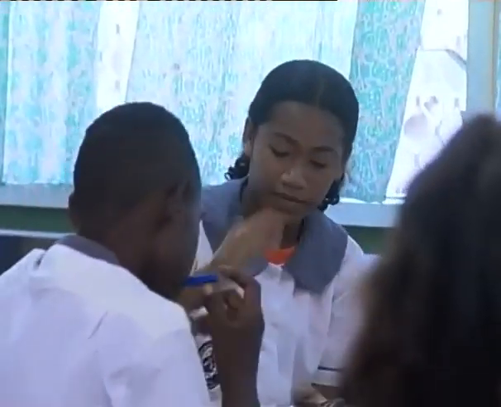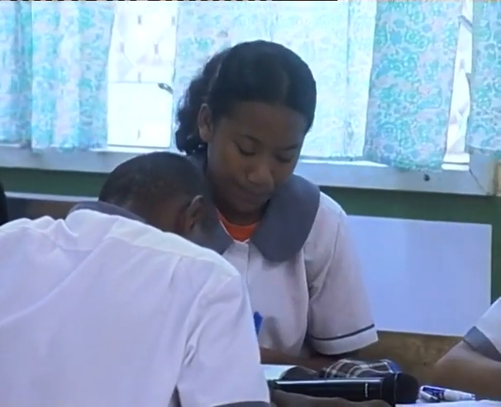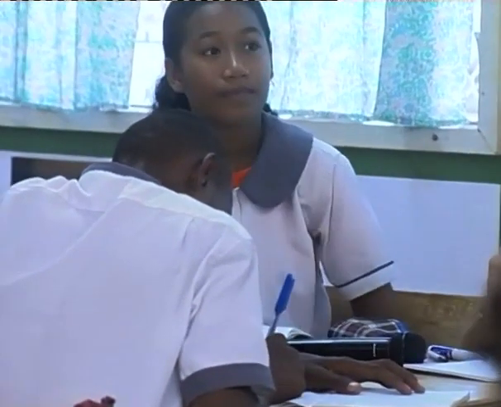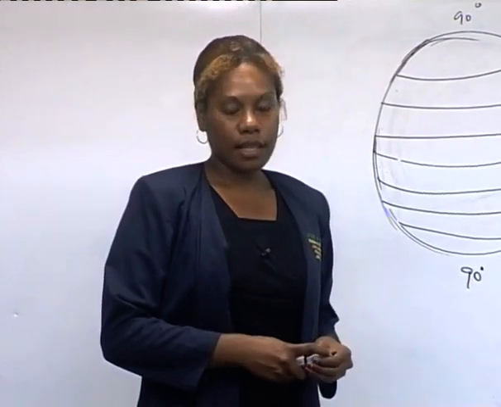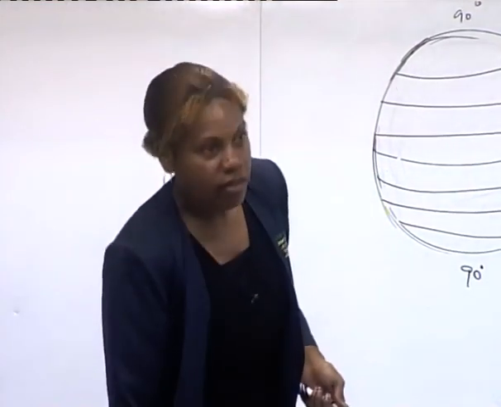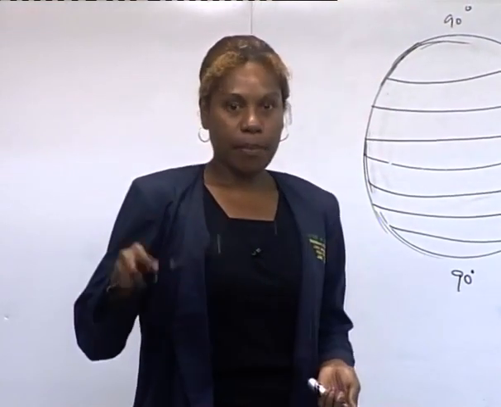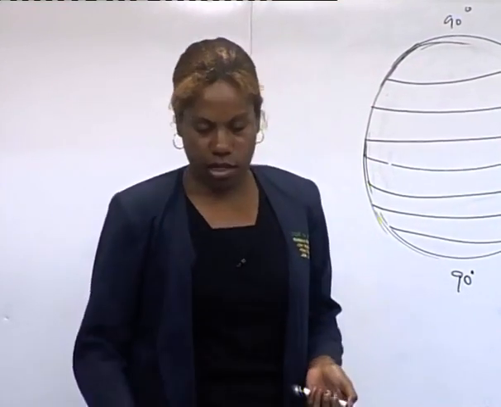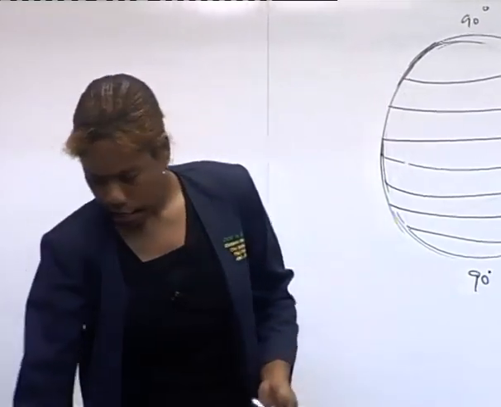Longitude lines are imaginary lines that run from north to south. Very good. So we have lines running up and down, from north to south, longitude lines.